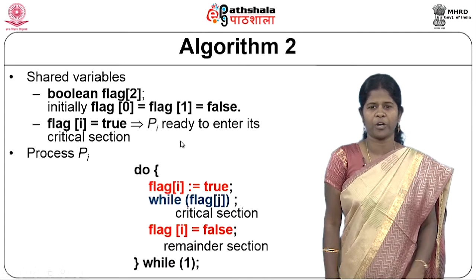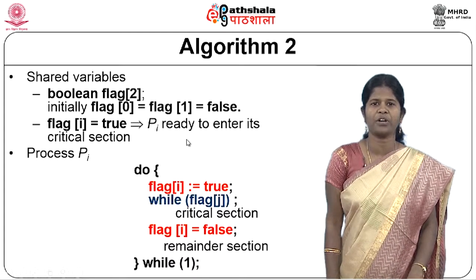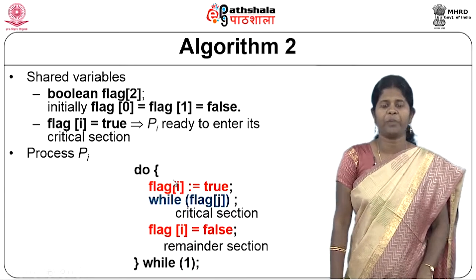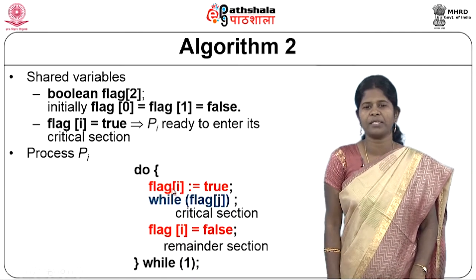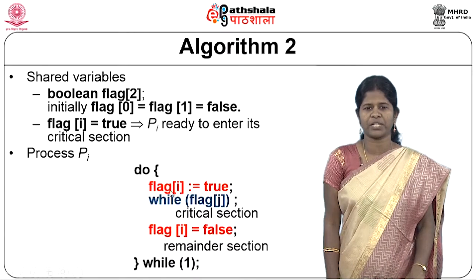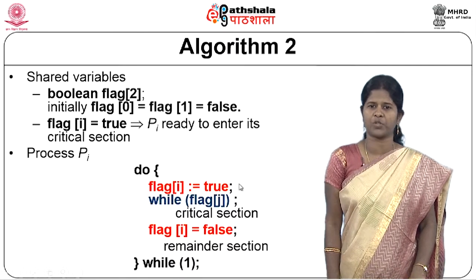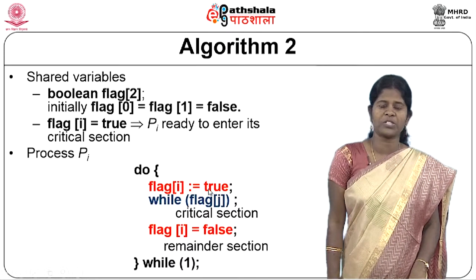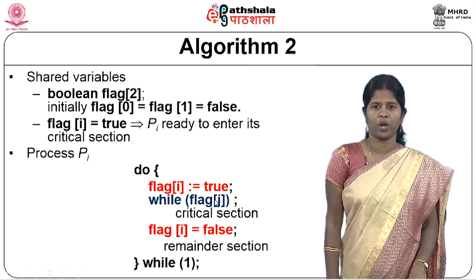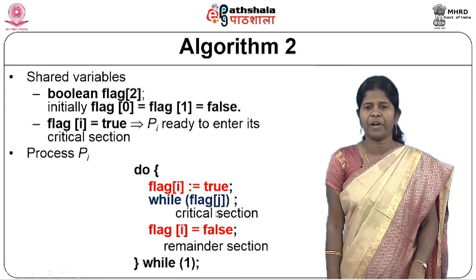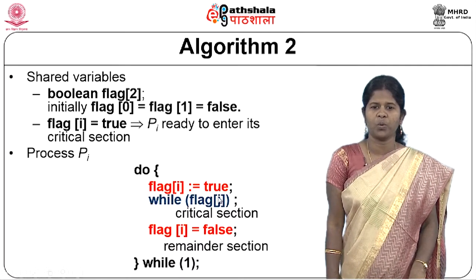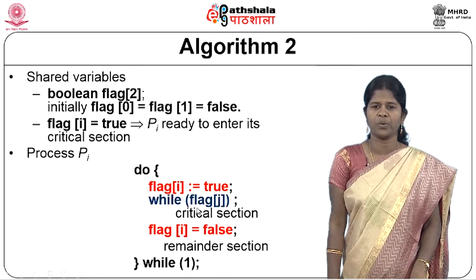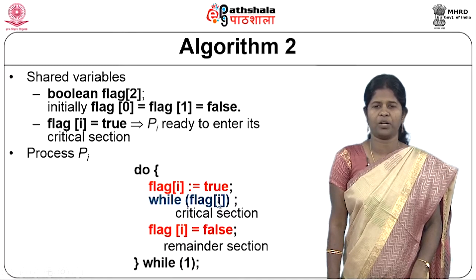So now there are two processes, and this is a solution for two processes to solve the critical section problem. What happens here is that the process that tries to enter the critical section first makes its flag true and then checks whether the other process's flag is true or not. As long as flag of j is true, it stays in the while loop.